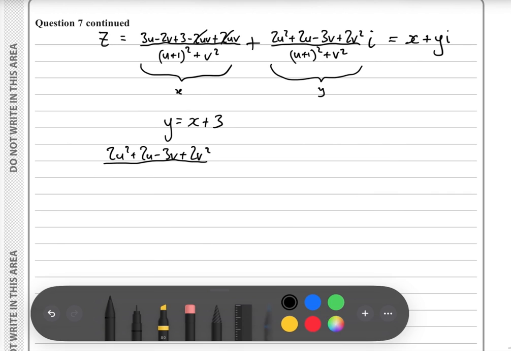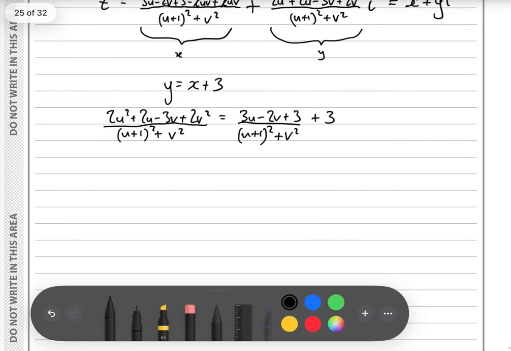Don't get rid of the denominator yet because of that plus 3. That just complicates things a little bit. Because when we multiply through to get rid of that denominator, it's going to come up in that little extra bit over here.